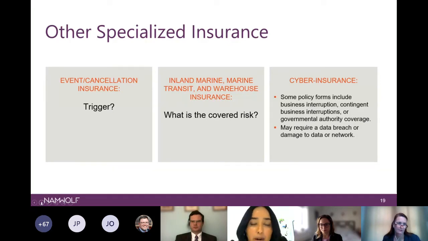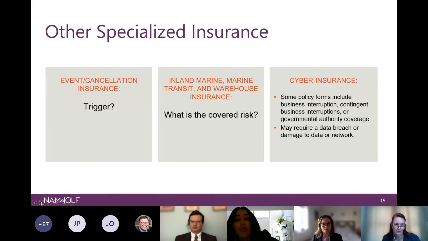As is the theme throughout our presentation today, because these policies vary widely, whether or not there's coverage for the claims will depend on the circumstances of a particular case and a wide array of other factors that the insured and the insurer will have to consider.